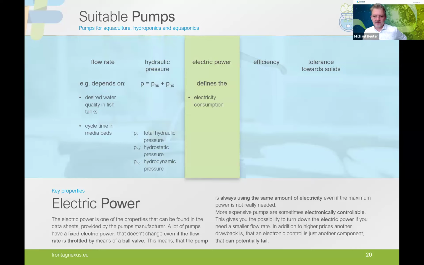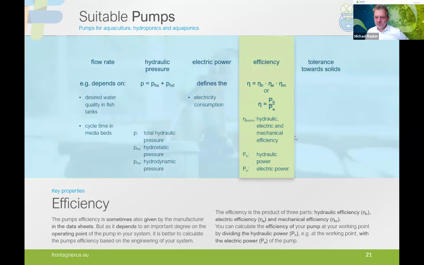And the efficiency of a pump is defined in two ways potentially. One would be to add up the hydraulic efficiency, the electric efficiency, and the mechanical efficiency of our pump. But these three parts are oftentimes not easy to measure or to define.